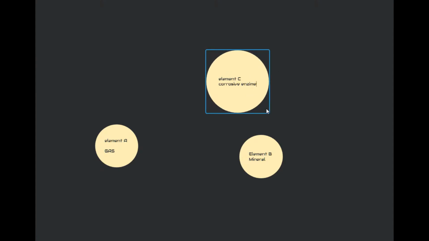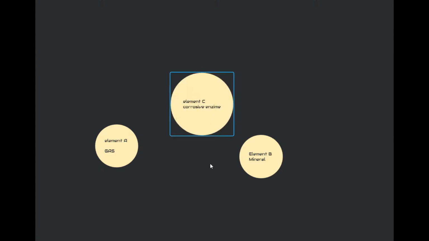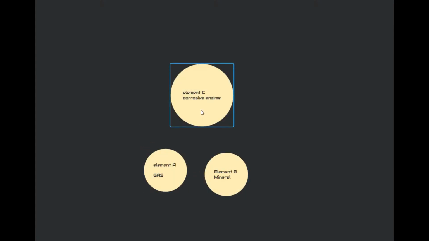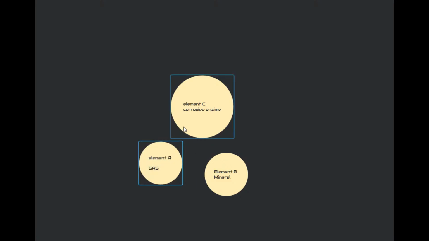Okay, corrosive enzyme. So enzyme breaks down this one, this one. So basically what will happen is the corrosive enzyme is used as the absorption.